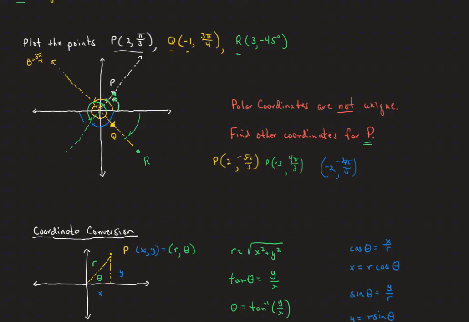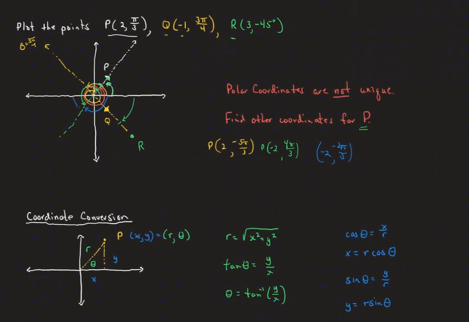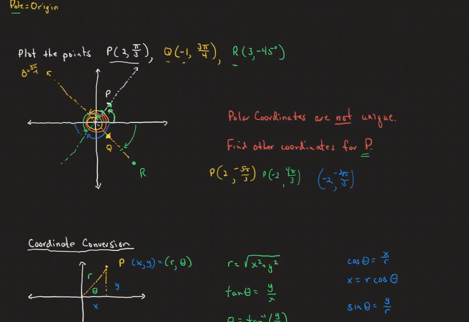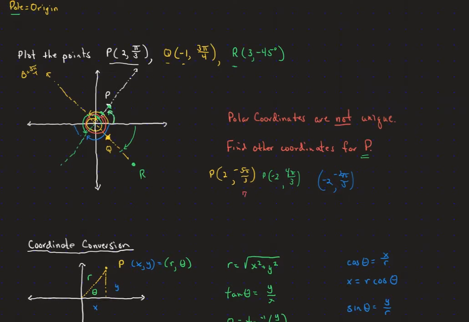So we could go all the way around the circle. There's 2 pi, and continue another pi over 3. So that would be 6/3 plus another 1/3, which makes 7 pi over 3, comma 2, and that also would take us to P, and so on. So there's an infinite number of representations there, which can be a little disconcerting when you get started.